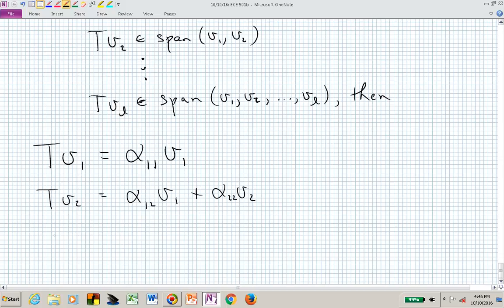And I can say T V sub 3. Well, that's some linear combination of V1, V2, and V sub 3. And let me just pick these coefficients. Now this is, let's say, alpha 1,3, some scalar. This is now some scalar multiplying V sub 2, and this is some scalar multiplying the third basis vector.